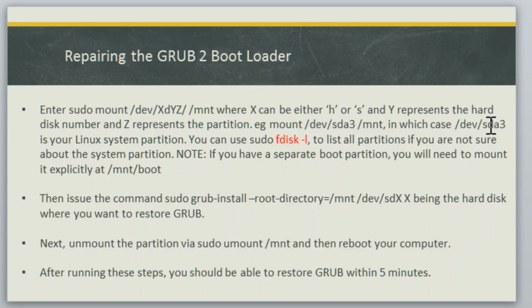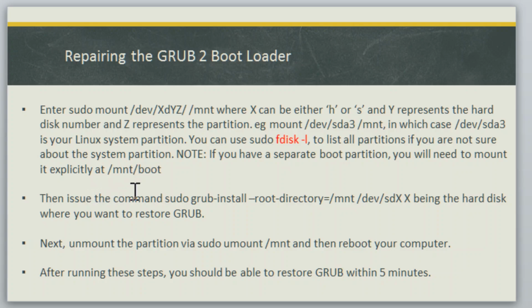So in this case, /dev/sda3 is your Linux system partition. You can also use sudo fdisk -l to list all partitions if you're not sure about the system partition. Guys, note if you have a separate boot partition, you will need to mount it explicitly at /mnt/boot. Okay.